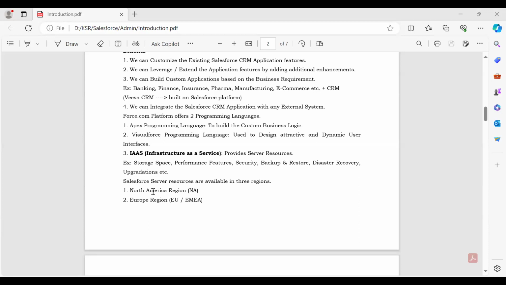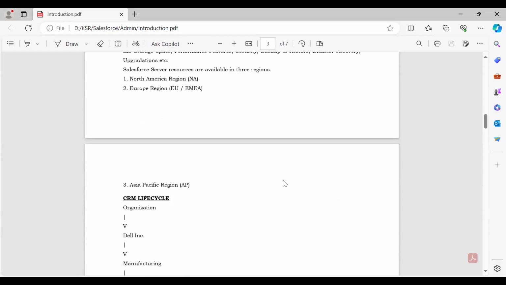First one is North America region, second one is Europe region, and the third one is Asia Pacific region. These are the 3 regions where Salesforce is maintaining their servers.